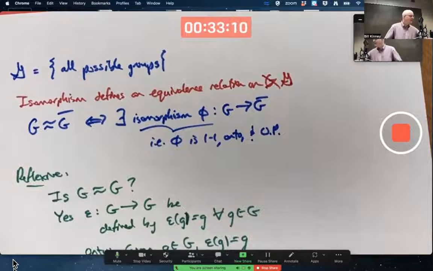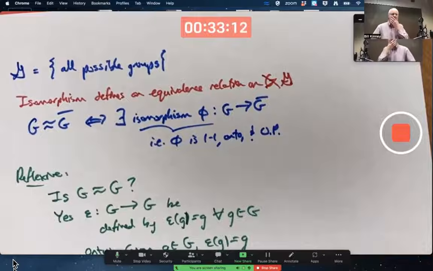And when you've got an equivalence relation, you should never forget what that means. That implies something that I haven't mentioned. Equivalence relations partition the set.